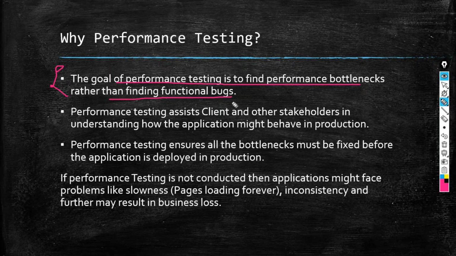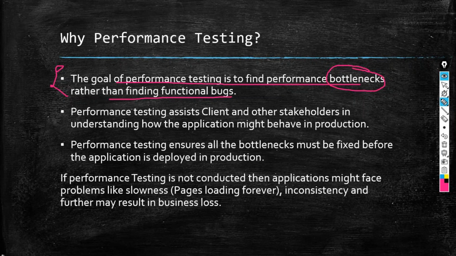Okay, so remember this term bottleneck. We continue to use the term in our course, and of course in your real-time projects also. Let's say you ran a performance test, and your client might ask you, did you find any bottleneck today?